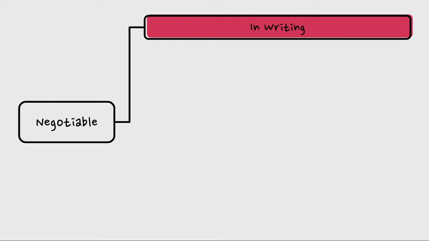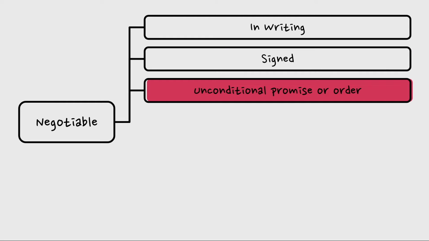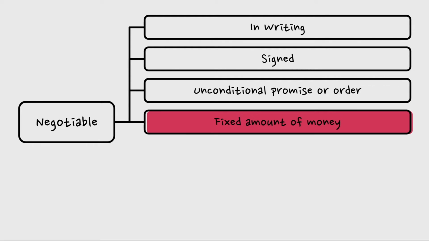There's a laundry list of things. It's got to be in writing. It must be signed. It must contain an unconditional promise or order, and that promise or order is about a fixed amount of money.